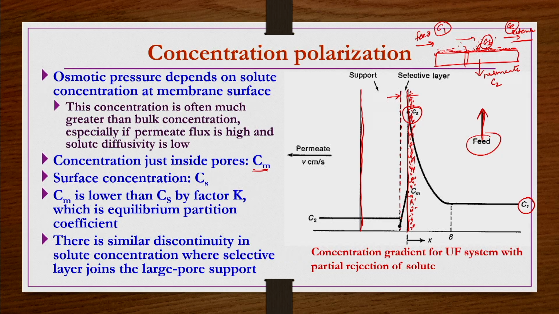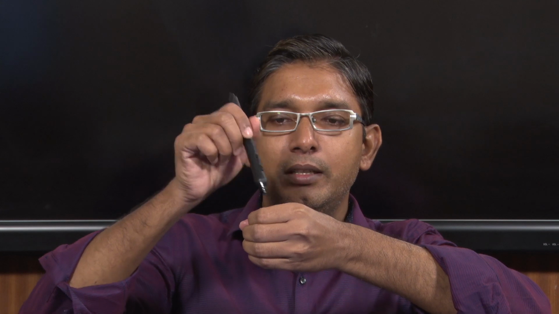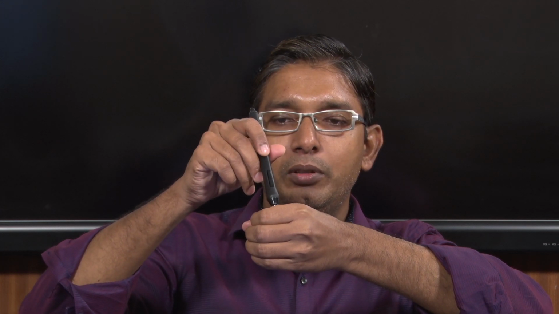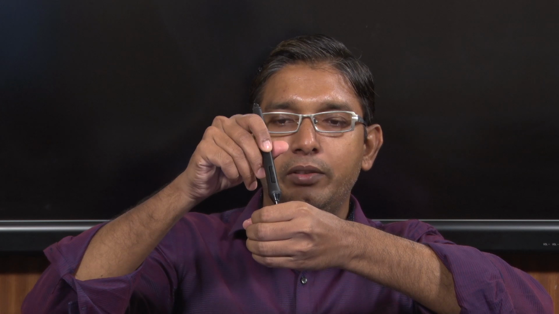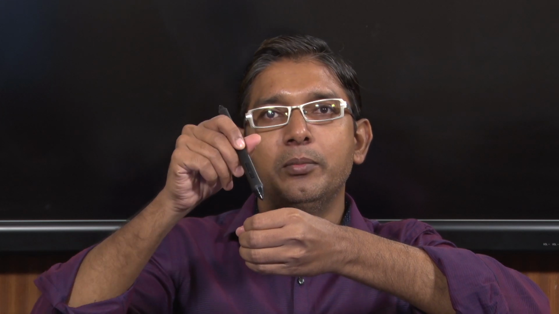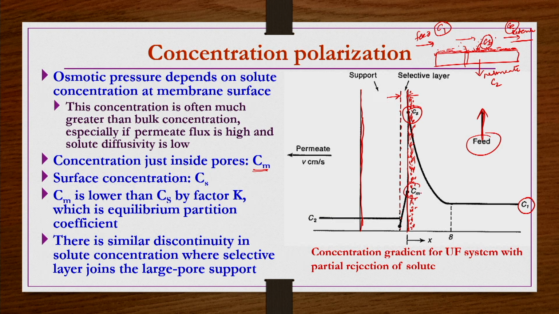On the surface the concentration is Cs, but just inside the membrane pore, the concentration is Cm, which is going to be less than Cs, but definitely more than C1. So C1 is at a lower level, Cs is at a higher level, and Cm is between these two, but towards C1.